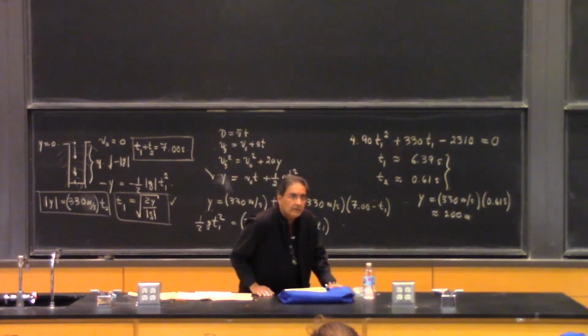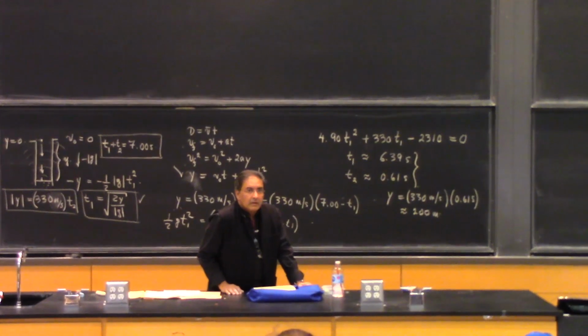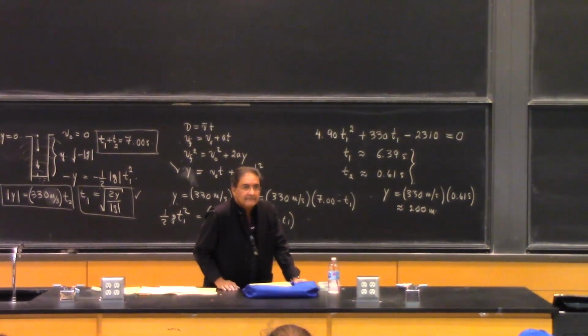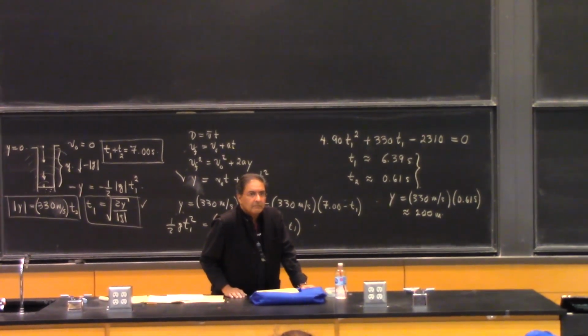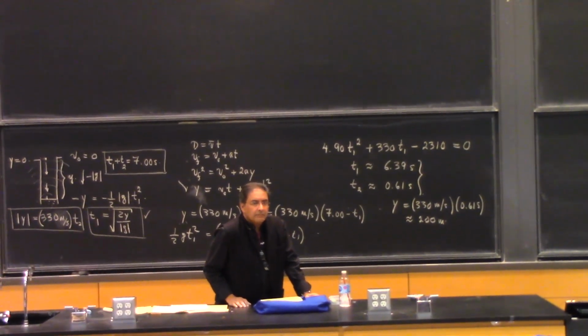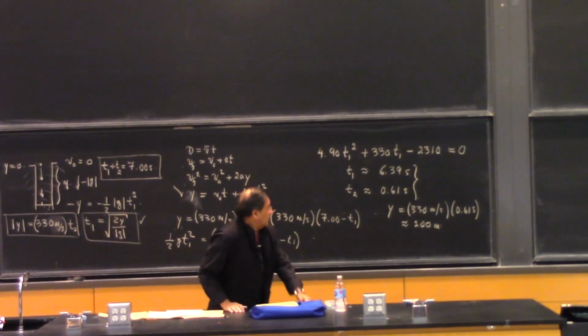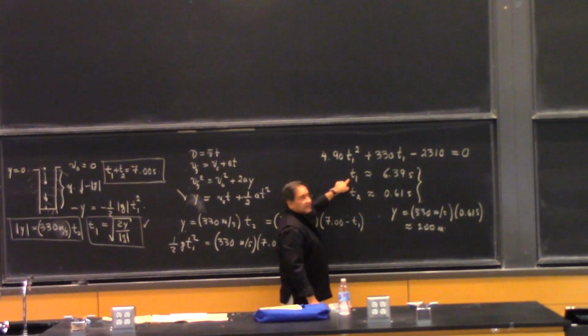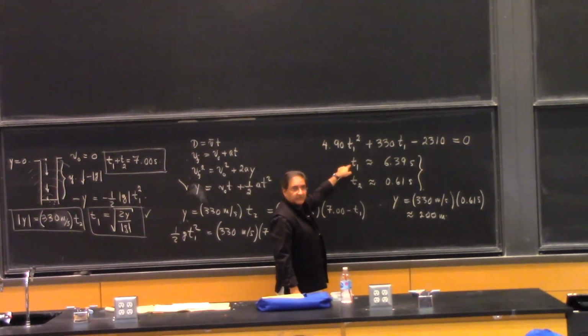Yes? How would you know which one is t1? How would I know what? I don't understand your question. Why that answer? Why did you use 0.61? Oh, no, 6.39 was the time for t1, right? I specifically defined t1.